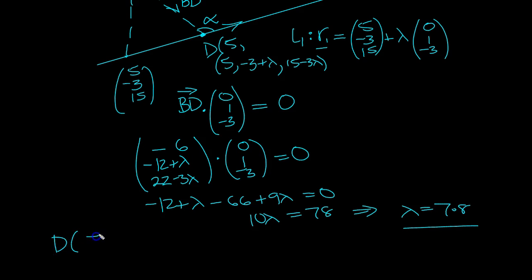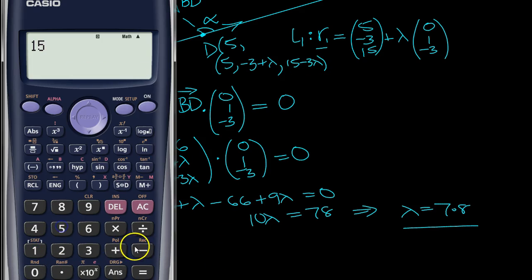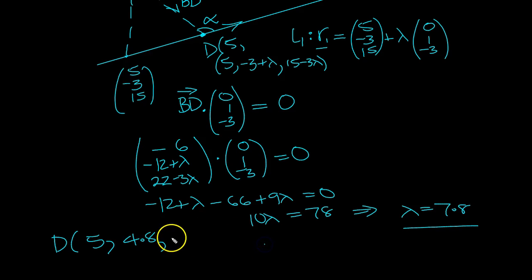So D has coordinates 5, 7.8 minus 3 is 4.8, and 15 minus 3 times 7.8, which is minus 8.4.